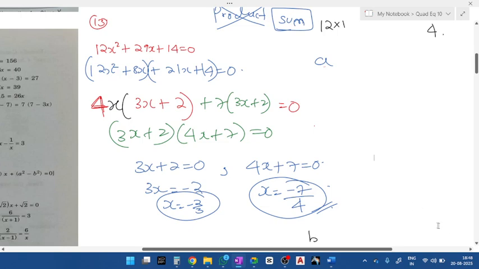Okay, complete it. We'll try the next one. Make it quick. You all have to understand, students. Maybe one or two questions I can teach. Remaining, you all have to put effort. Try to solve. And you all should have the thought.